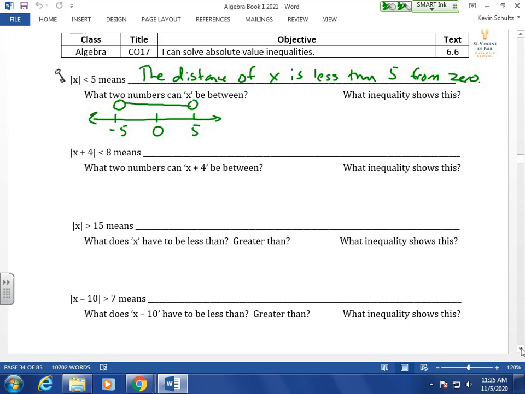If x has to be less than 5 from 0, x can be anywhere between -5 and +5, not including them, because those values are all within a distance less than 5 from 0.